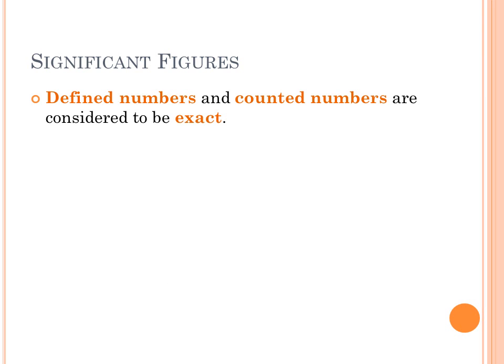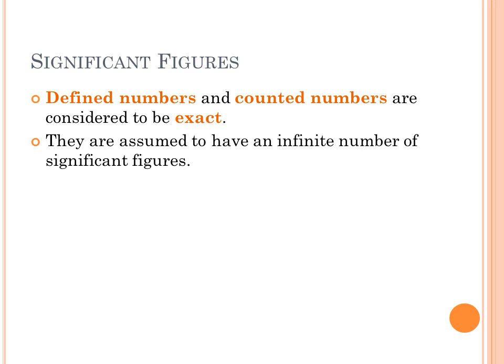Now, numbers that are defined that way or numbers that are counted are considered to be exact. An exact number would have an infinite number of significant figures, although you usually don't display a bunch of decimal places.